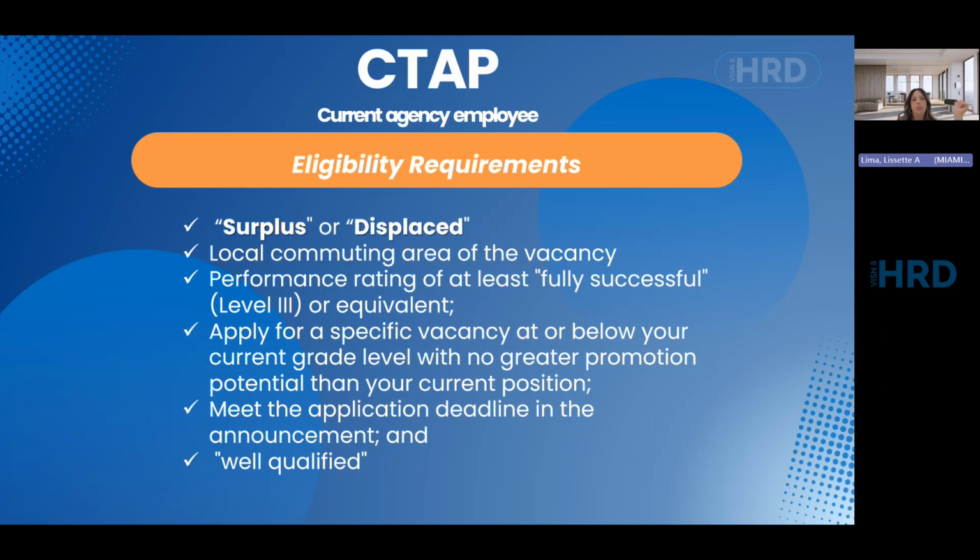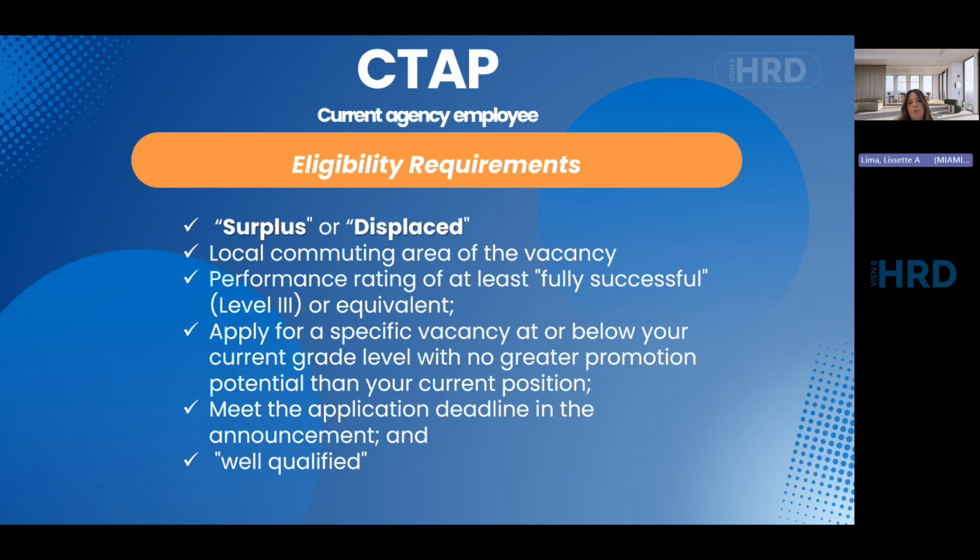As we mentioned, surplus or displaced, local commuting area in that vacancy. The performance rating of the employee has to be fully successful or equivalent. For the job announcement, they must apply to a specific announcement where that vacancy is either at or below the potential of the current position that they held. They meet the qualification standards and application deadlines per the announcement and are considered well qualified.